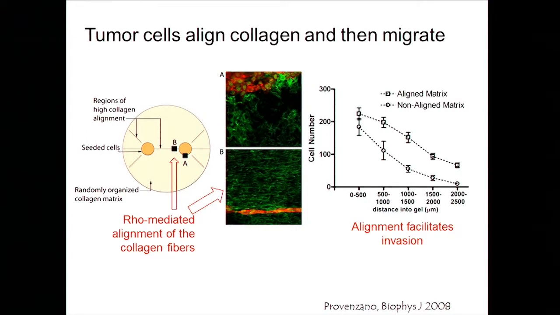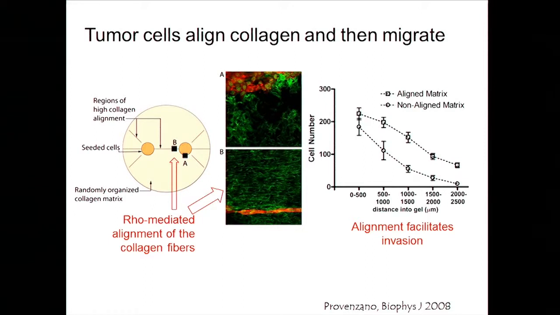We can take either tissue biopsy punches or cell-seeded collagen gels and put them in this collagen gel. And the cells will actually align the collagen in between the two plugs. They pull on the collagen just like Boris's daughter pulled on the candy to be able to open it.